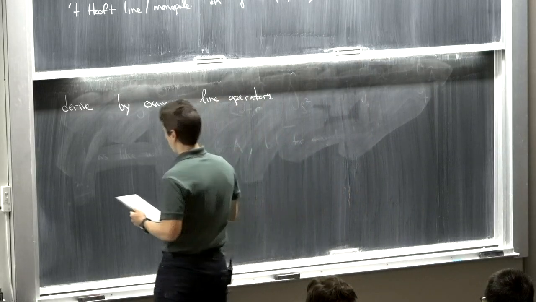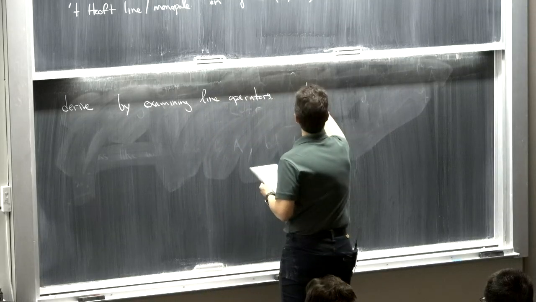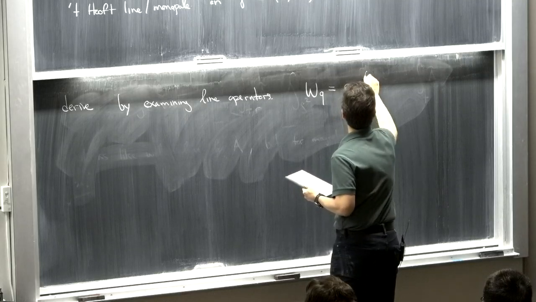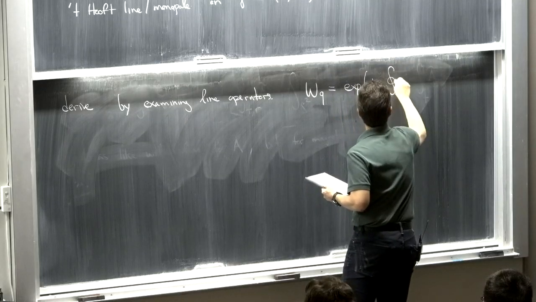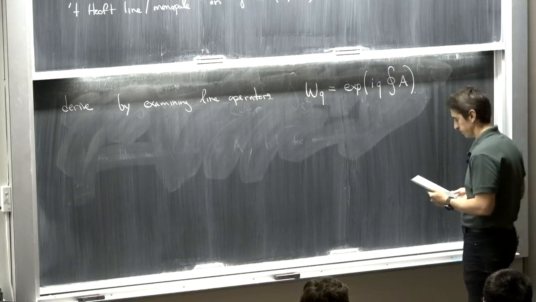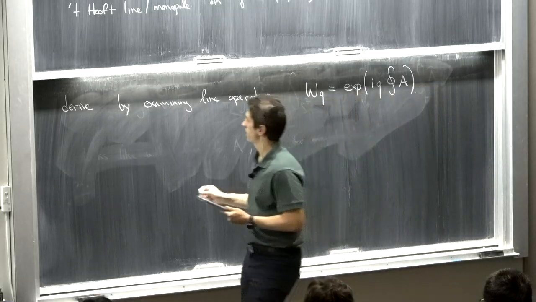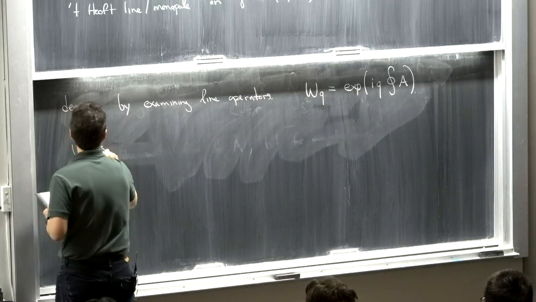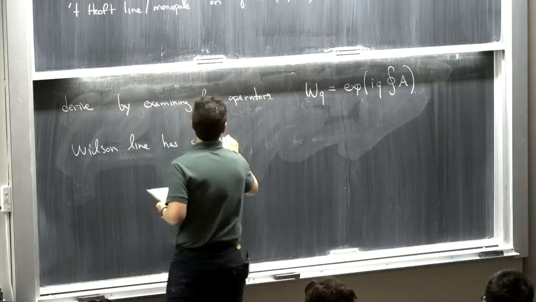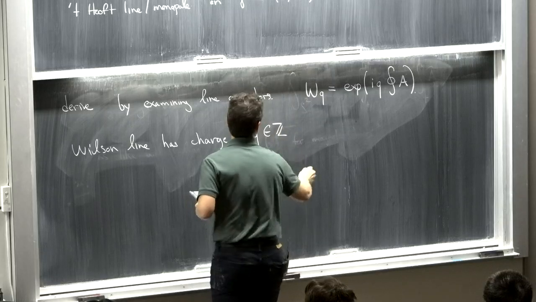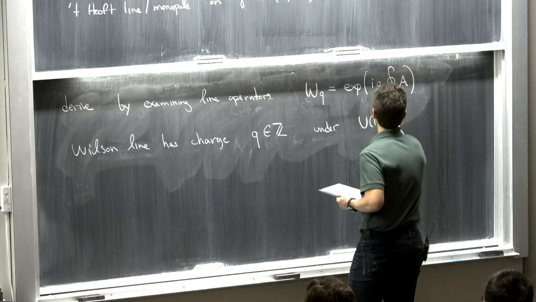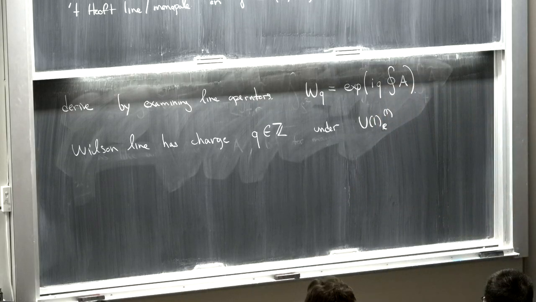So let's consider the Wilson line, WQ. Q is integer. So this Wilson line has charge Q under this U1 electric one-form symmetry. Okay.